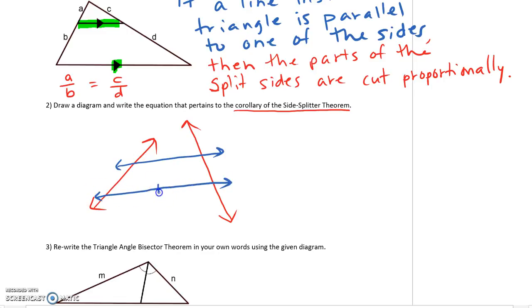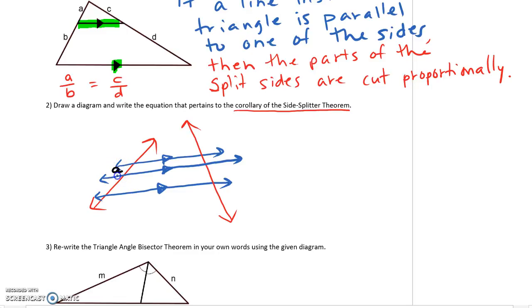They do have to be parallel. And actually I need a third parallel line because without a top on the triangle, let's see. And note that it doesn't have to be right in the middle of them. Right, there's just three parallel lines. That the little sections are still proportional to each other, even though it's not a triangle.